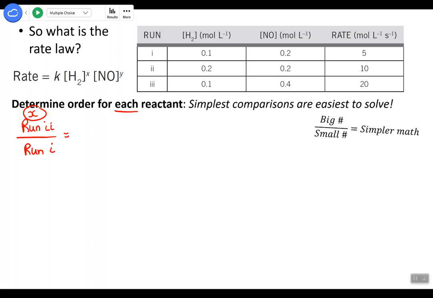So the rate law is the rate of run 2. The rate law is k, concentration of hydrogen to some power, concentration of nitric oxide to some power. And I can compare that to rate 1.